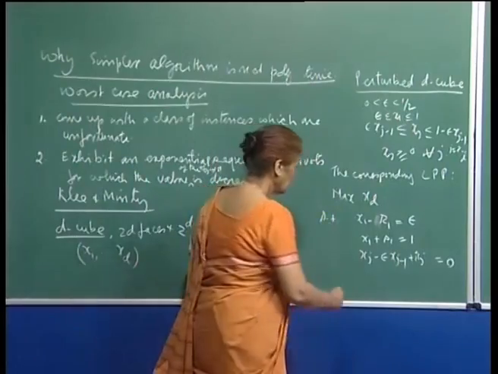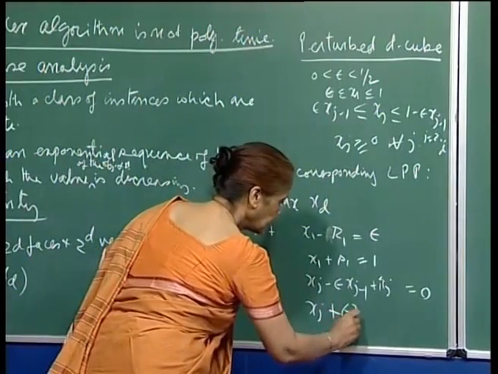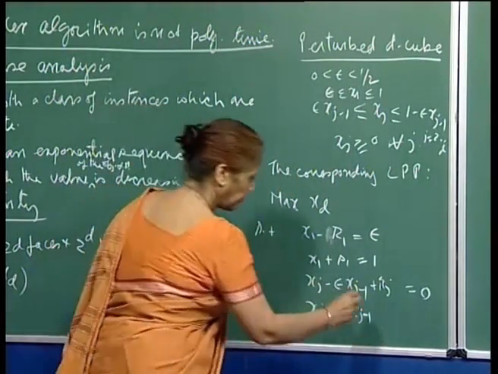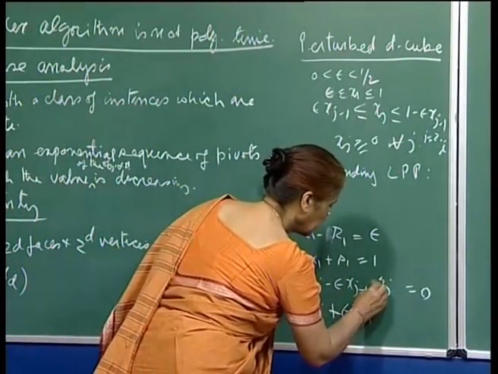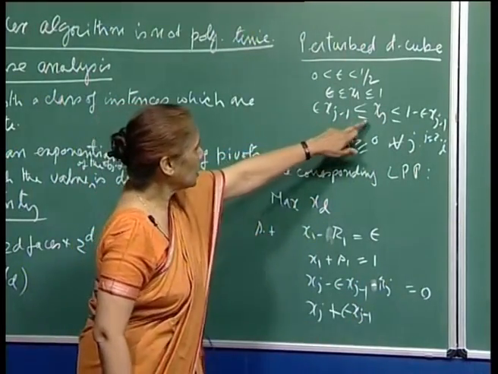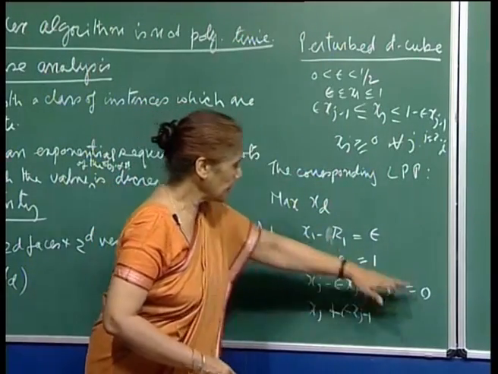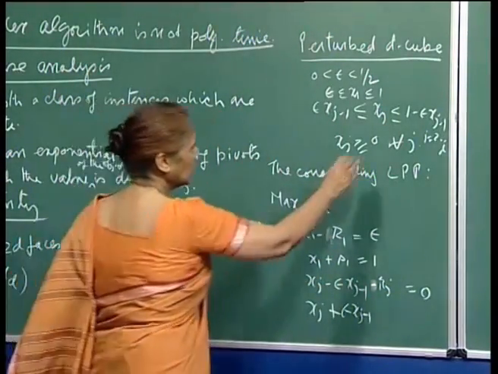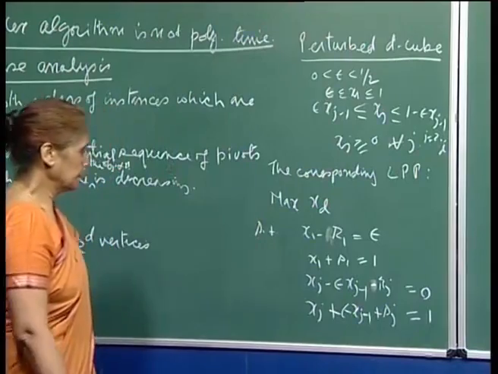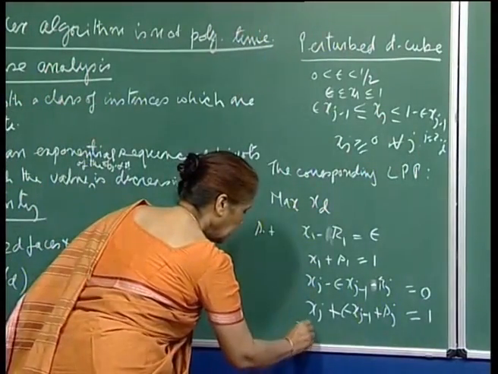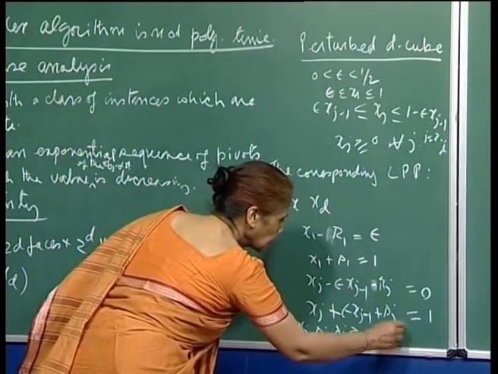Sorry, this should be minus r_j, because the constraint is x_j greater than or equal to epsilon x_{j-1}. So when I bring it over, it is greater than or equal to 0, and to make it equal to 0, I have to say minus r_j. The other one is less than or equal, so that will be plus s_j, and this is equal to 1 minus epsilon x_{j-1}. Okay, and all the variables x_j, r_j, and s_j are greater than or equal to 0 for all j.